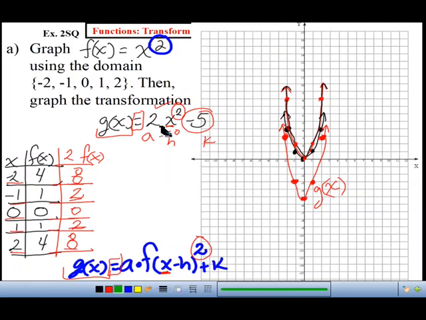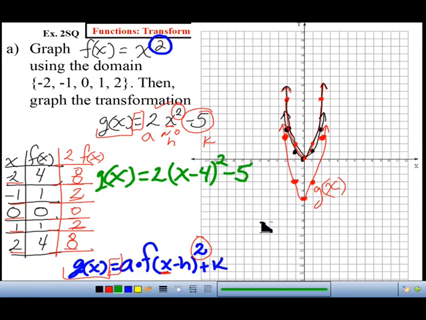I'm going to rewrite this, the transformation one, but now with an H. Here we go. G of x equals 2. Since it has an H now, I'm going to open up parentheses, x minus 4 squared, and then minus 5.